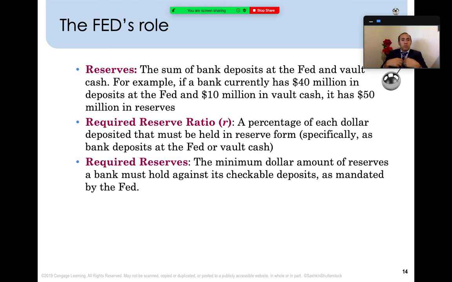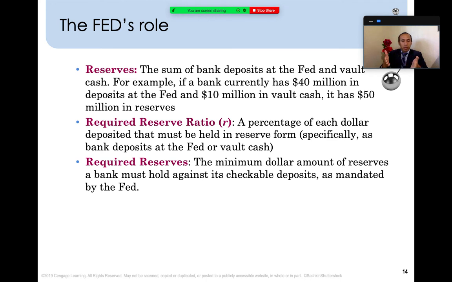The Federal Reserve sets a required reserve ratio, meaning that banks are required to keep a percentage of each dollar that is deposited at their institutions. The required reserve ratio is essentially set by the Fed.